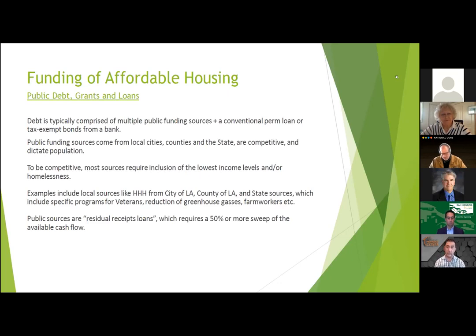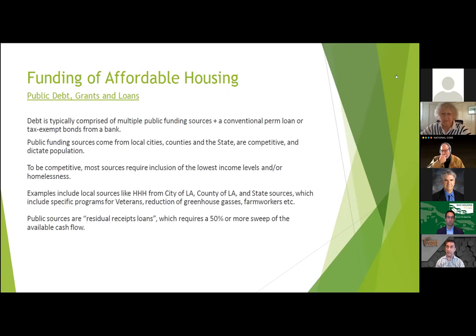Public sources also are typically residual receipt loans, meaning paid out of available cash flow. So once the operating expenses are paid, the debt service is paid, there are certain fees that have to be paid to the tax credit investor and the managing general partner.